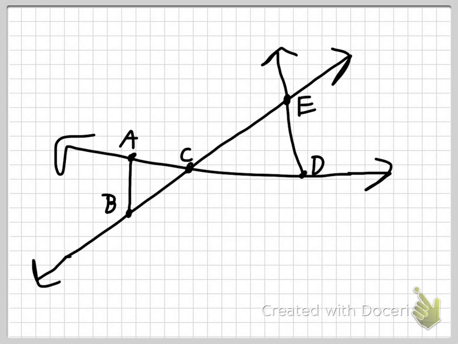What points are collinear? Collinear meaning they're on the same line. So we see that here A, C, D are all collinear. We also see that B, C, and E are also collinear points.